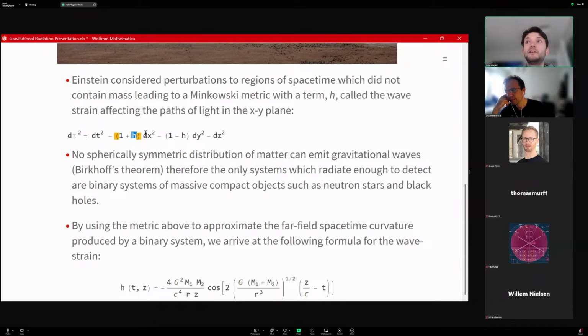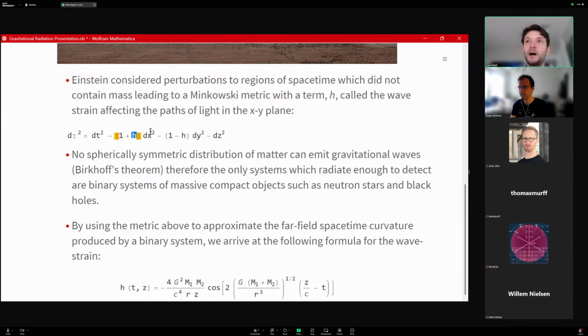Or does it have to... I don't think so. I think in order for it to be consistent with the field equations for empty space, where it's a region of space without any mass in it, then there has to be this kind of reciprocal relationship where stretching in one direction corresponds to squeezing in the other direction.